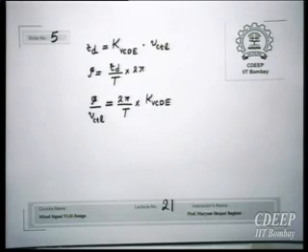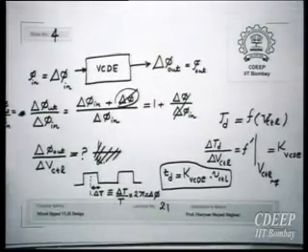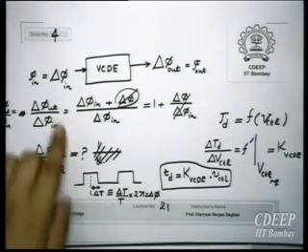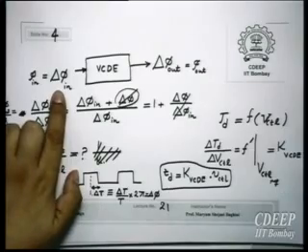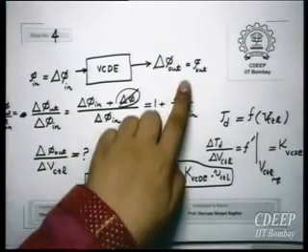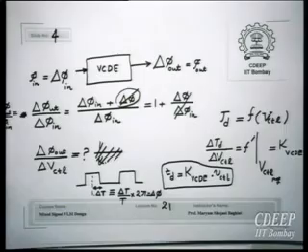Here, when we talk about small signal phi out upon small signal phi in, this is 1, because if the phase changes by some value, the output phase also changes by the same value, because their difference is a constant.